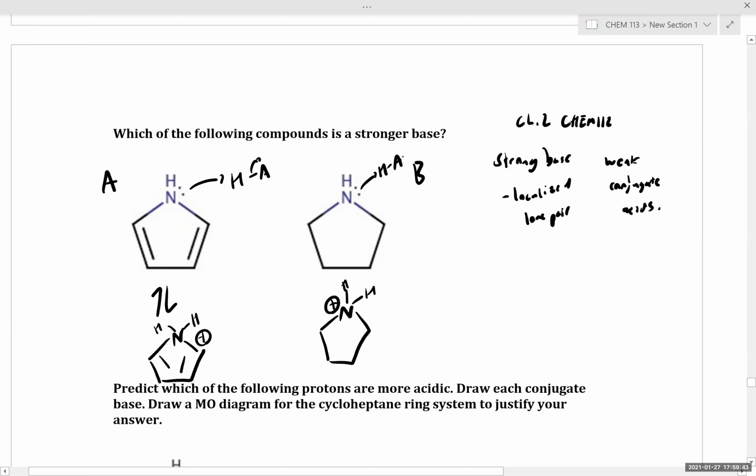if we think about the protonation of pyrrole, does protonating pyrrole break aromaticity? Yeah, so protonation of pyrrole breaks aromaticity.